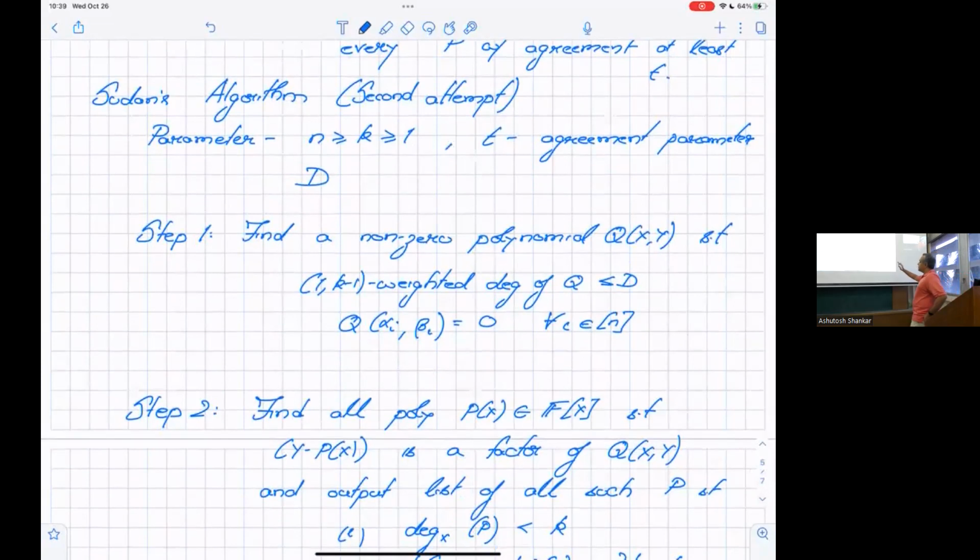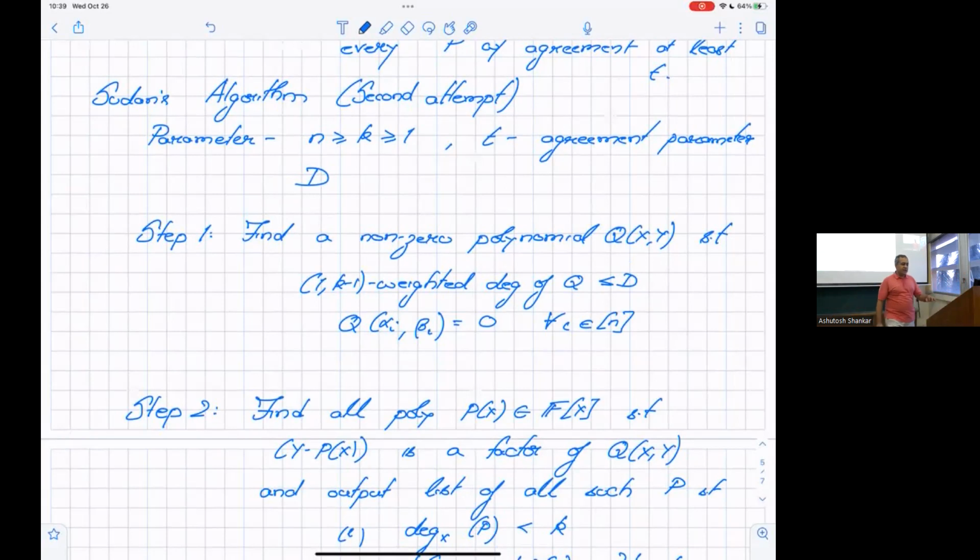And the reason for doing the first step this way is that it didn't matter to look at x degree separately, y degree separately. All that we cared about the x degrees and y degrees was just to ensure that the degree of r of x, which is defined as Q of x, p of x, was smaller than the number of agreements. So you chose d to be larger than t.